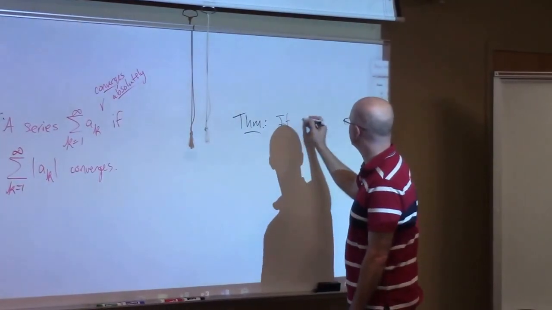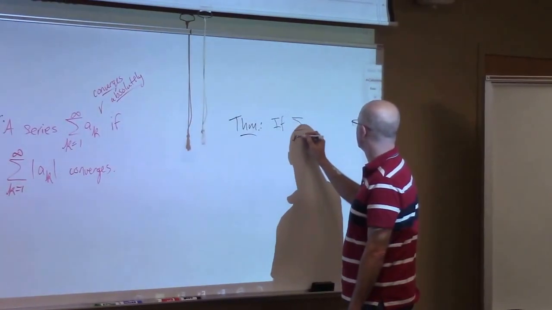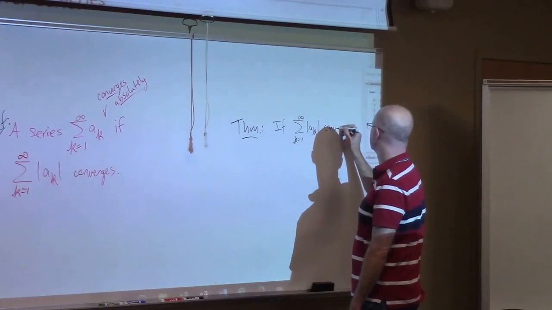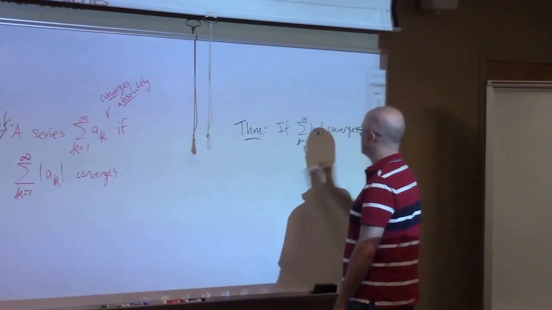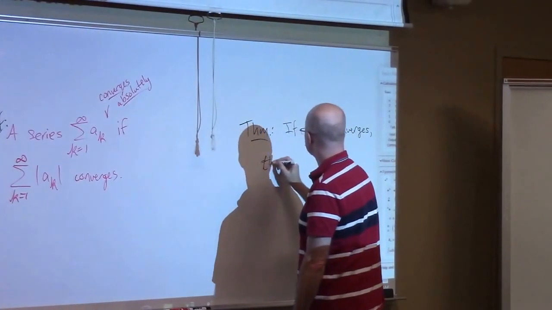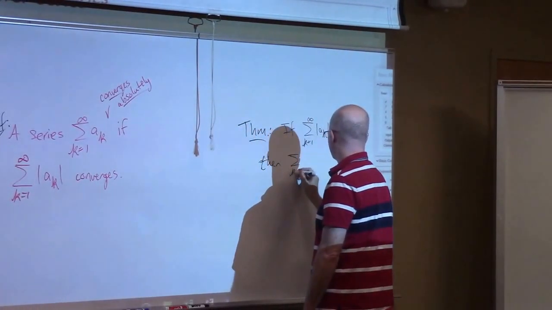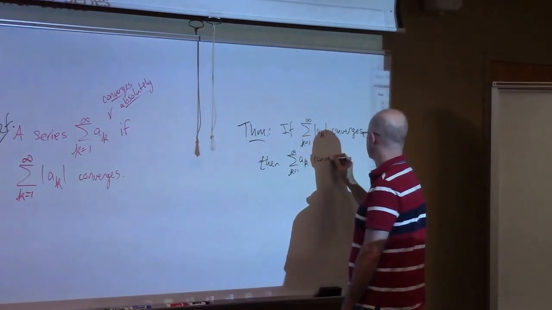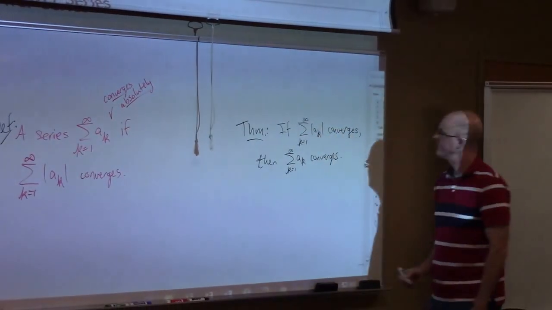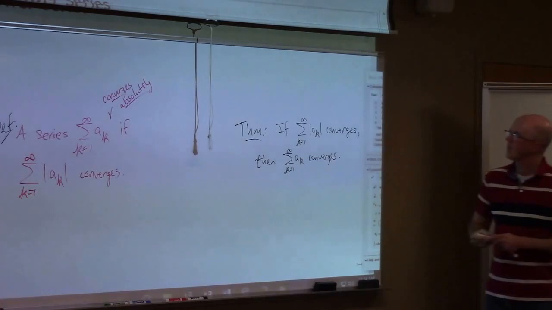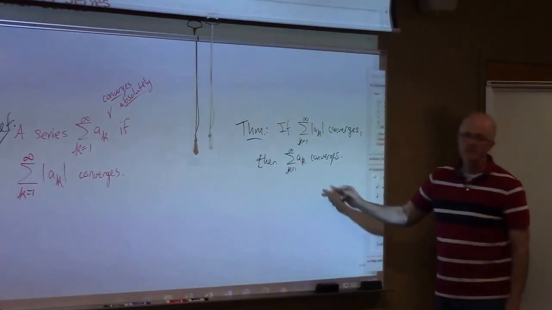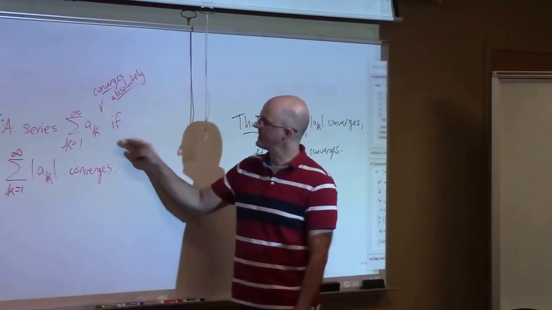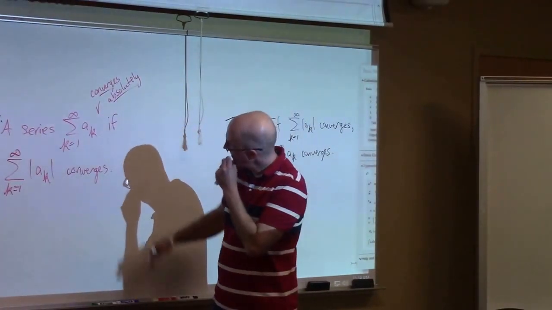The theorem says if a series of absolute values of a_k converges, then so too does the series without the absolute value signs. So the theorem should really be proved first. And then once you have the theorem, this definition makes more sense.